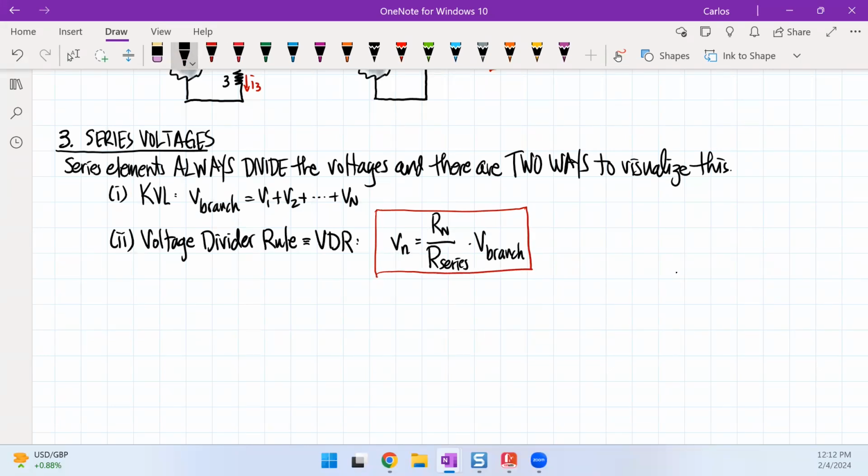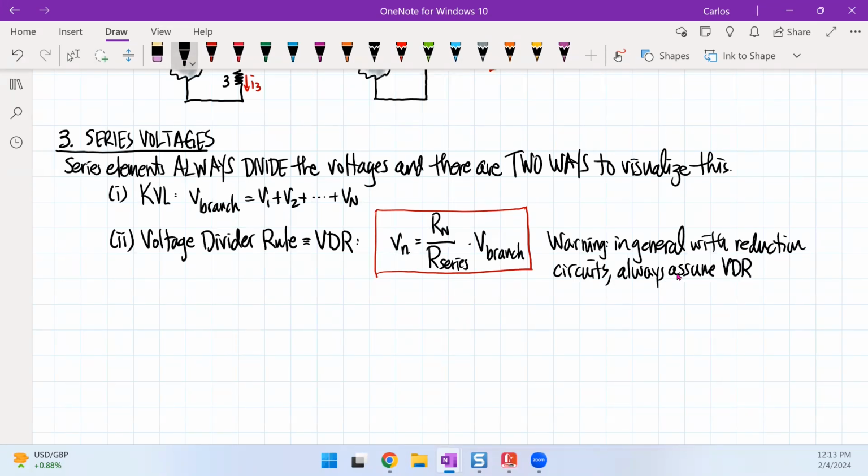And I should probably call this a warning. In general, with reduction circuits, always assume VDR is used to calculate voltages.